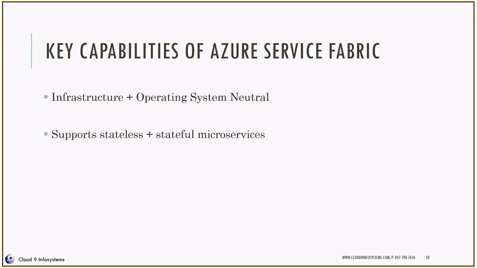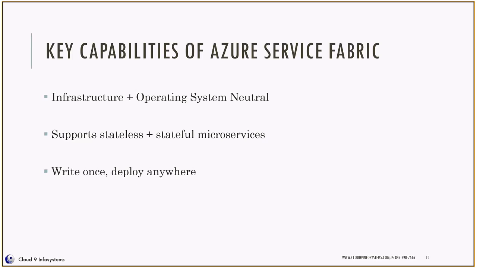Moving on, in addition to stateless microservices, Azure Service Fabric also supports stateful microservices, where your compute and your data are co-located so that you reduce the latency and enhance the performance. The development environment in a software development kit, an SDK, is identical to your production environment.